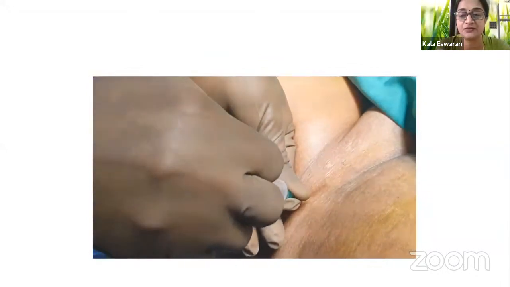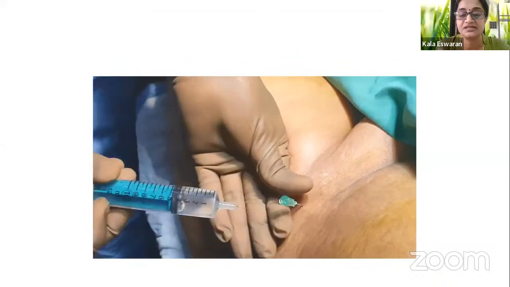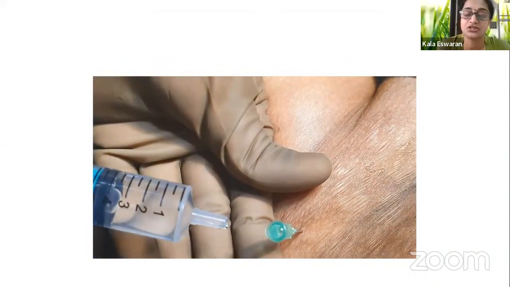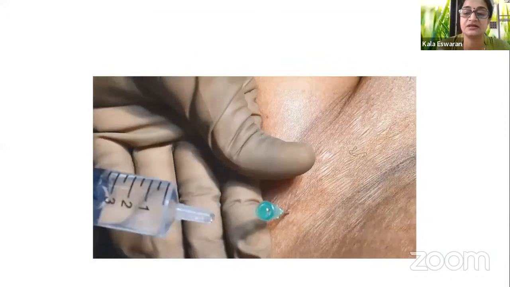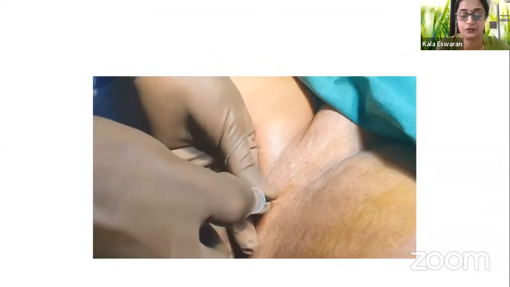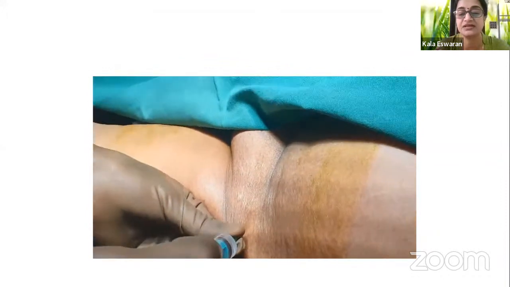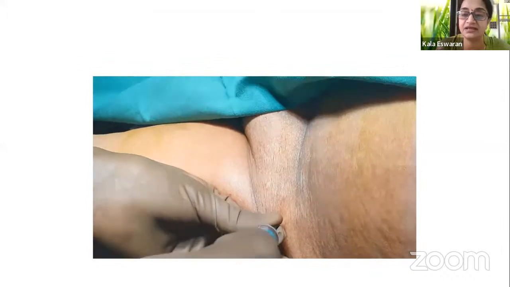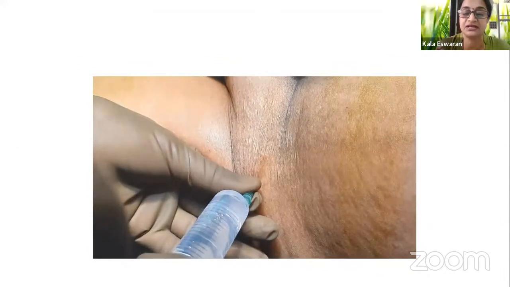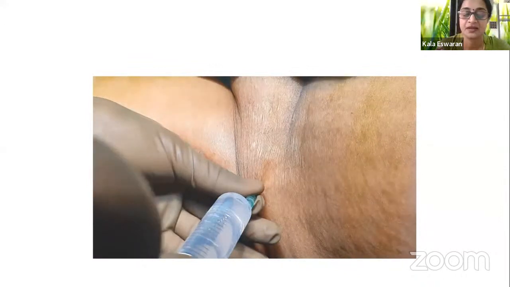The free backflow of LA drug tells you that you are in the right space, because if you have overshot and the needle tip is in the iliacus muscle, you will not get a backflow. So you can clearly see the backflow. This is an indication that you are in the right place, that is the fascia iliaca compartment.